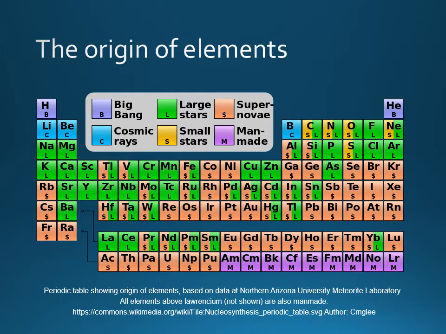All the elements that are heavier than lithium were created much later. Processes involving the fusion of elements lighter than iron are possible in evolving stars. Processes involving the fusion of iron and heavier elements, because they require input energy, are only possible in exploding stars, in supernovae. The very heaviest elements are man-made in atom smashers.